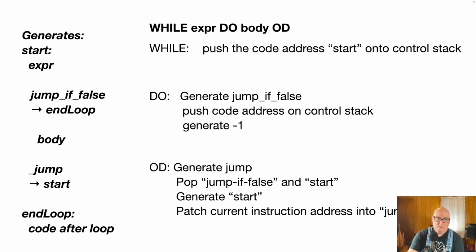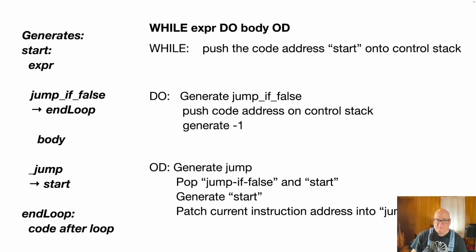And then we go to the other one and patch that jump if false so that end loop points to the address we said. Now, is that right? Yeah, the next instruction, the code after the loop, gets put into where it says arrow end loop. Okay, and notice these schemes only need jump and jump if false.